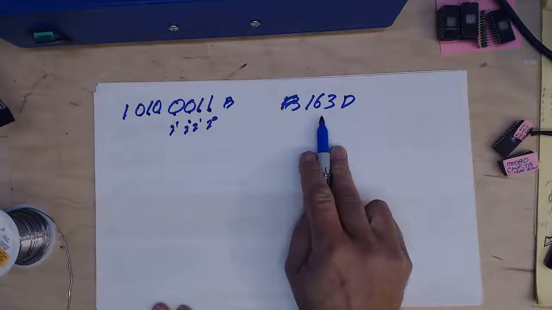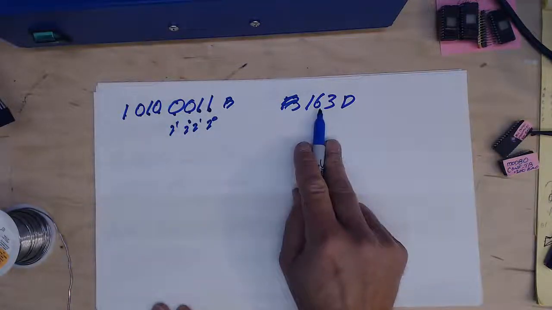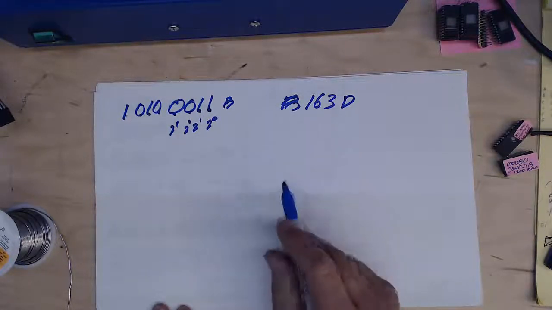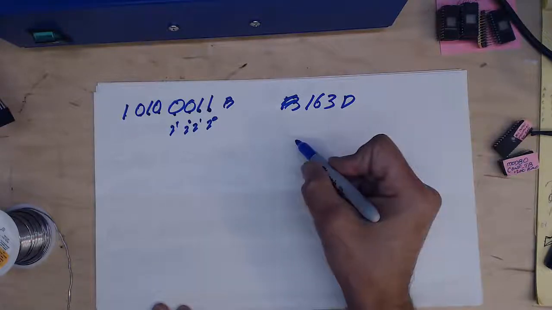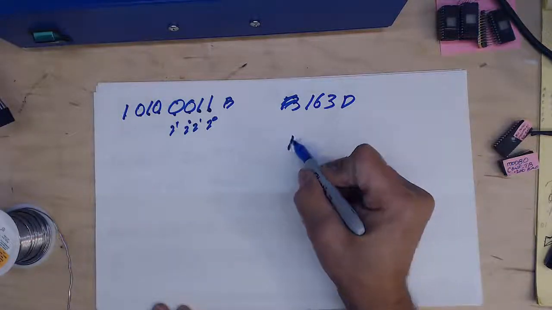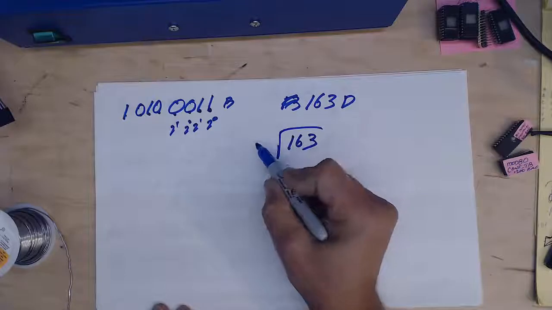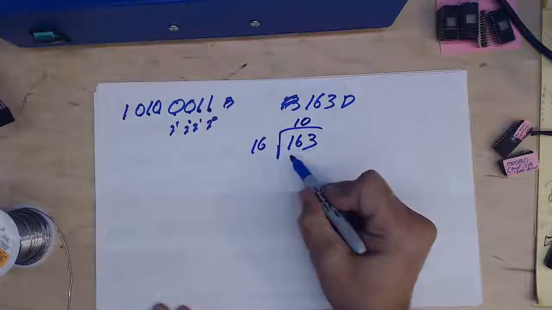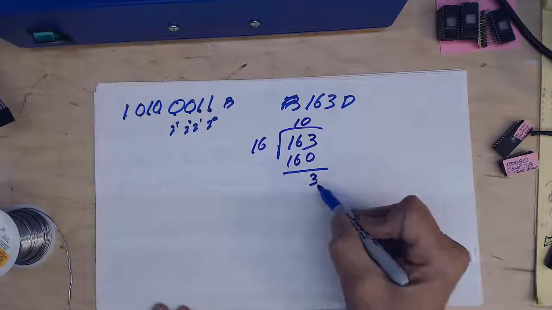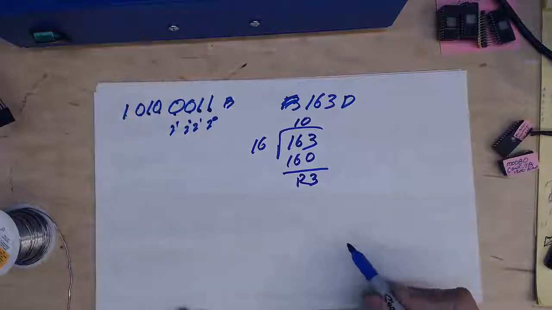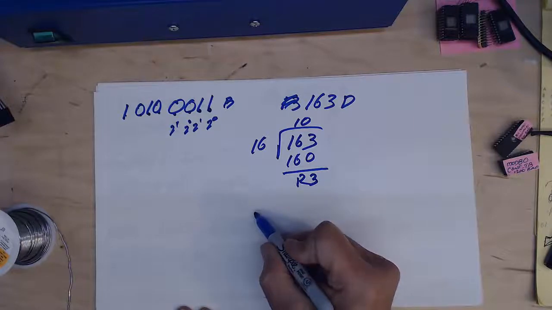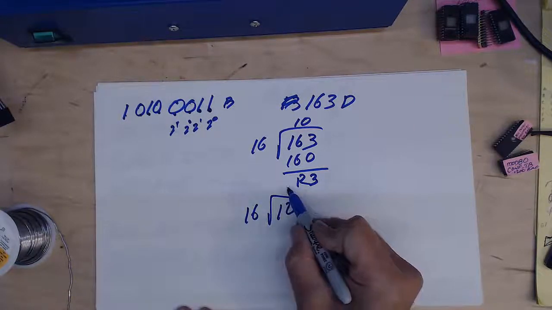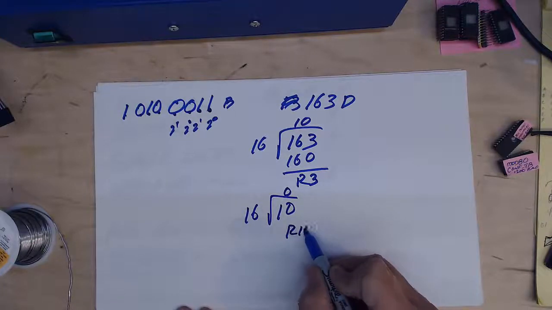Now, as awkward as it is going from binary to decimal, it's even worse going backwards, at least for me, because long division is involved. So to go backwards from 163, we say 16 goes into 163 10 times, that's 160 with a remainder of 3. And then 16 goes into 10 0 times with a remainder of 10.